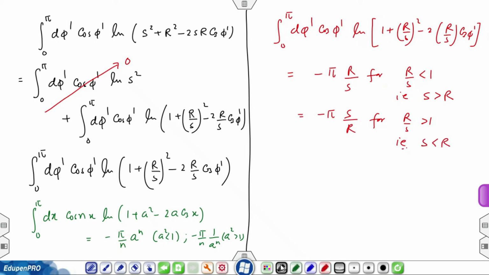And therefore, the potential that we wanted at s and phi will come out to be, if I look at it from the previous slide, go back to the previous slide, look at the formula that we had derived, 1 over 2 pi epsilon 0, there was a sigma naught r, there was a cosine of phi there, and now I have times minus pi over s r, so the minus sign goes away.